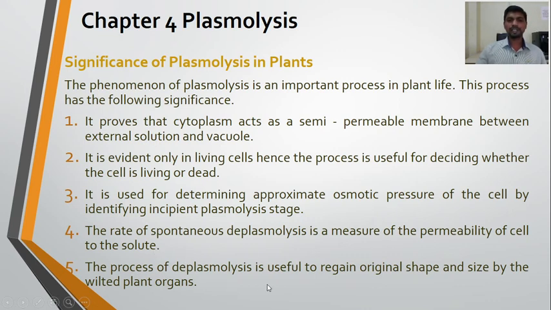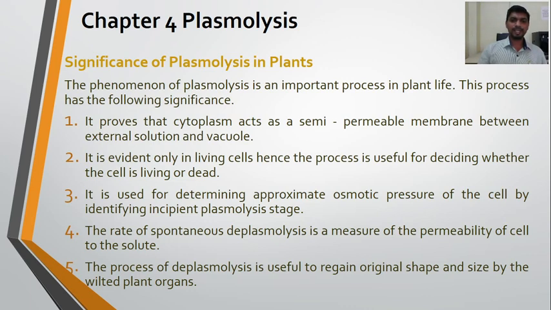The process of deplasmolysis is useful to regain original shape and size by the wilted plant organ. When wilting occurs due to excessive water loss, deplasmolysis helps regain the original shape and size. These are the significance of plasmolysis in plants.